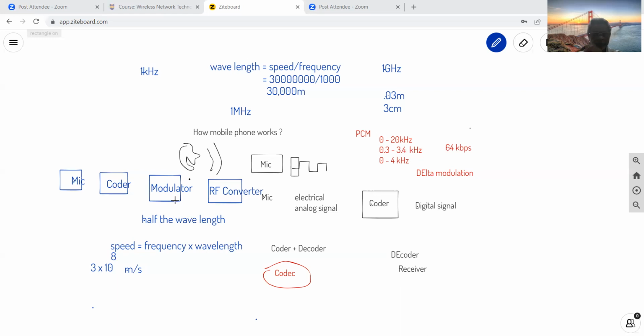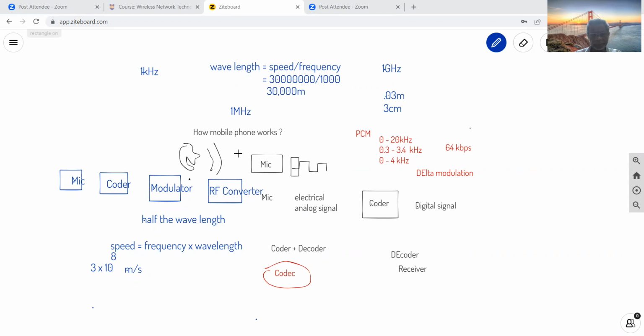Modulator and demodulator together are called a modem. Then at the receive end the RF converter is there on the reverse side, where a high frequency signal is reduced to a low frequency signal. So this is what is inside a mobile phone for voice communication.